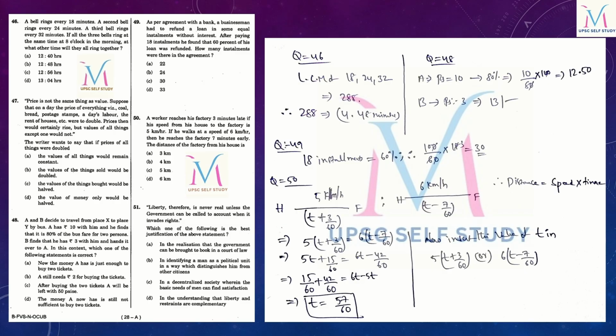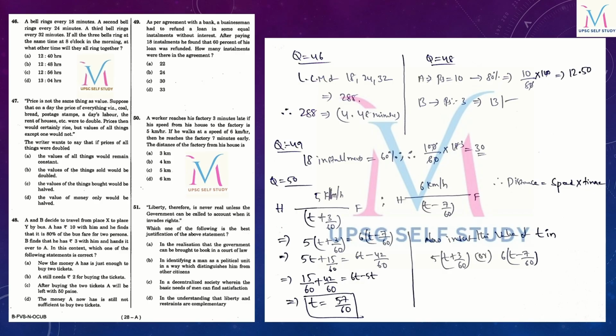So three bells are ringing. The first bell rings every 18 minutes, the second every 24 minutes, and the third every 32 minutes. If all three bells ring at the same time at 8 o'clock in the morning, at what other time will they ring together again?